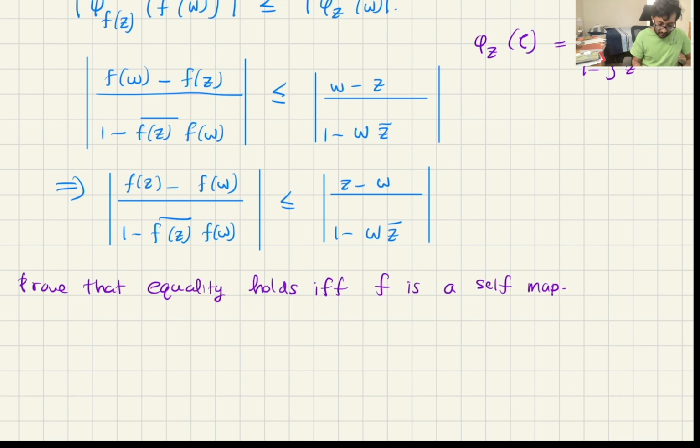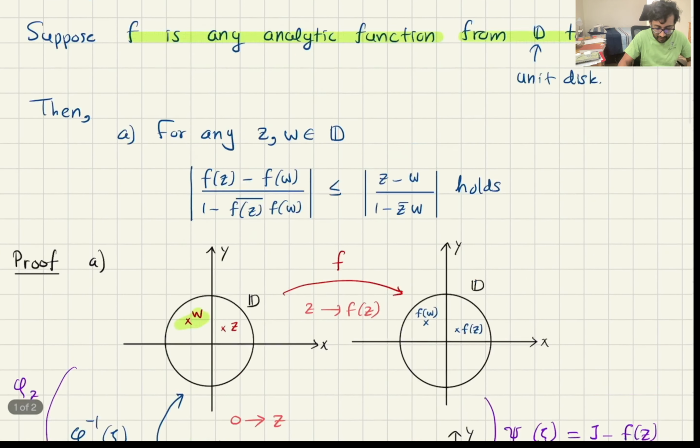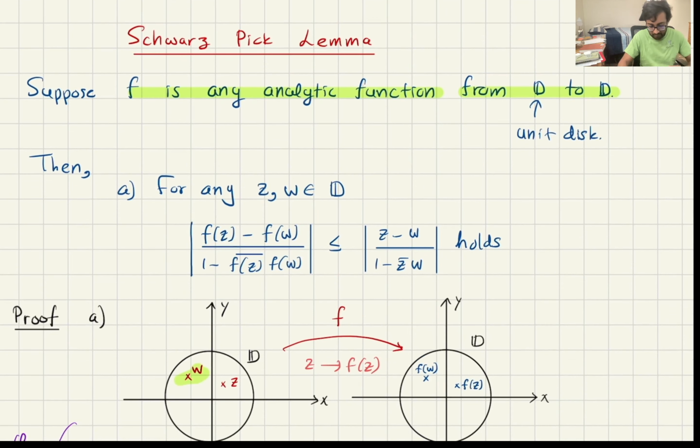Okay, right. So this is what I needed to talk about the Schwarz lemma. In my next video, I would talk about the equality case and the next inequality that is connected to this lemma.